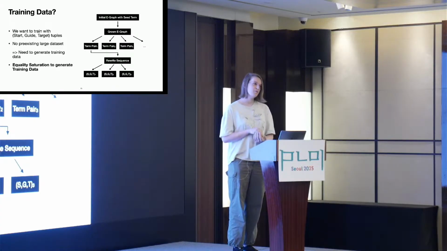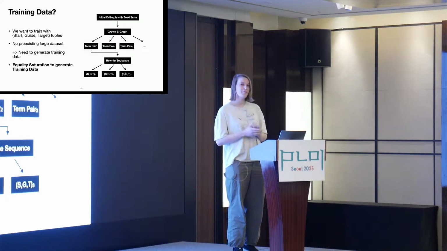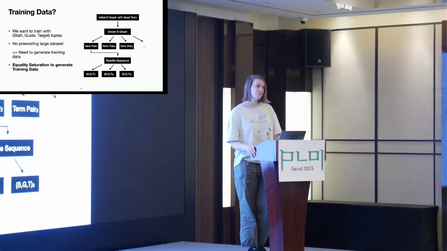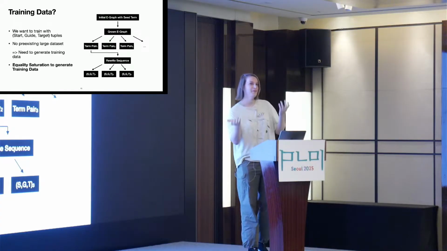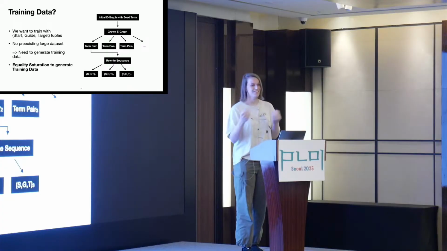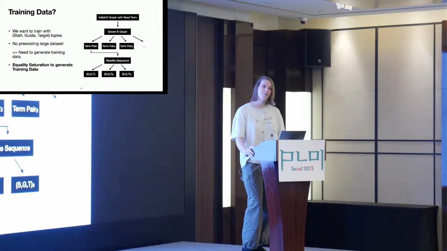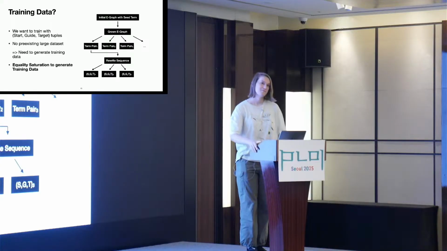Especially because we don't want to run into the issue that our equality saturation only takes 5 gigabytes of RAM, but we need 80 or 320 gigabytes of language model to solve that. You can do that trade-off, but then I don't think it's fair to say my equality saturation doesn't take a lot of memory because it hides it in the model.